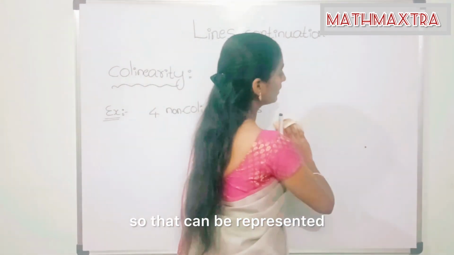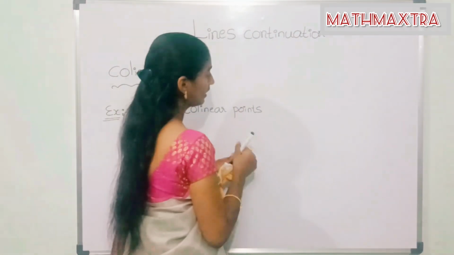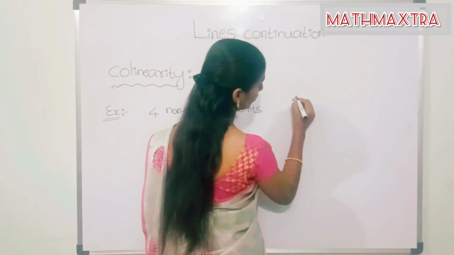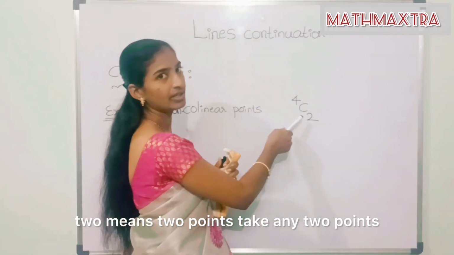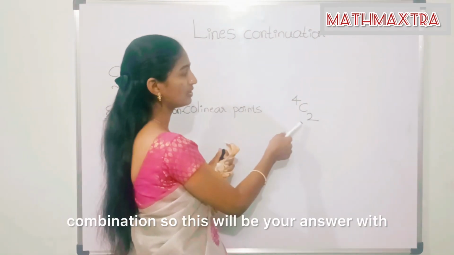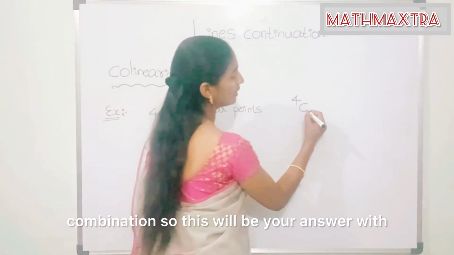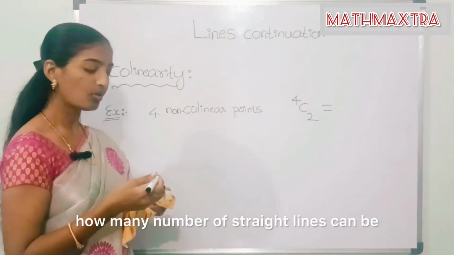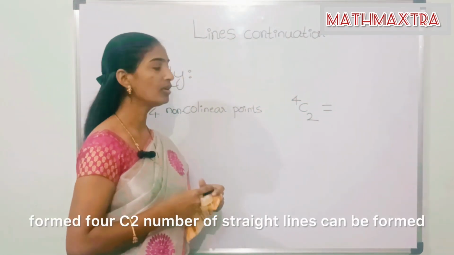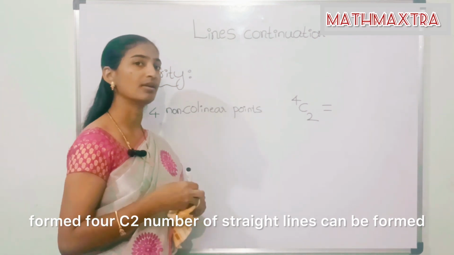That can be represented like this: 4C2 means take any 2 points combination. So this will be your answer. With 4 non-collinear points, 4C2 straight lines can be formed.